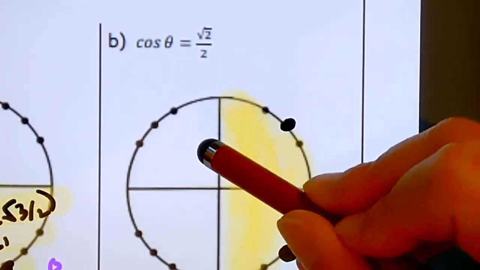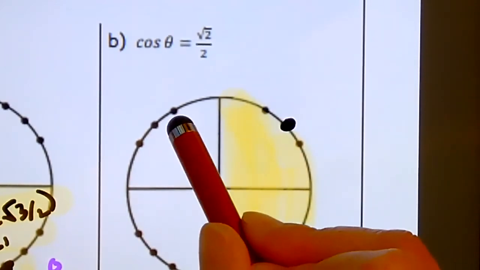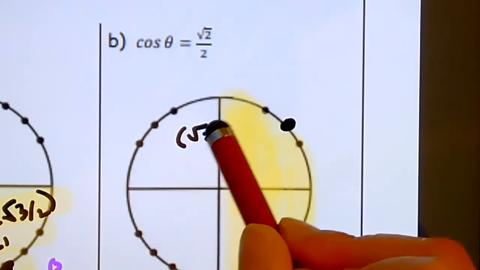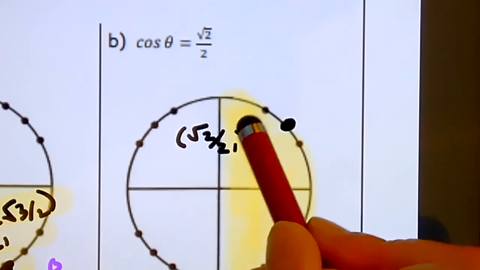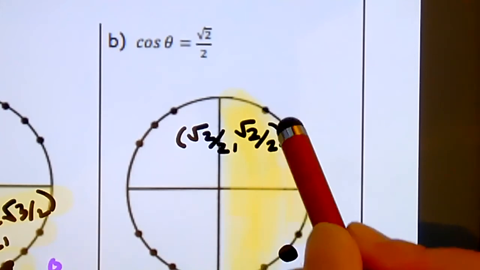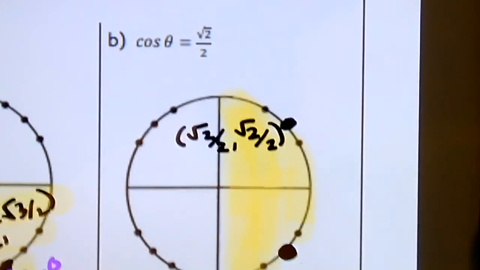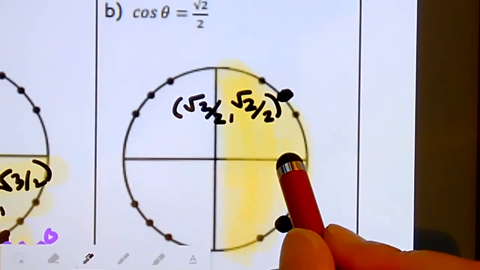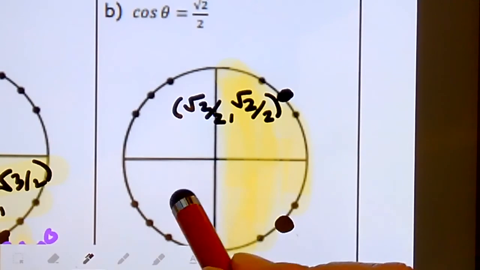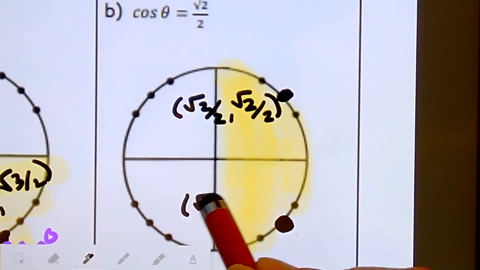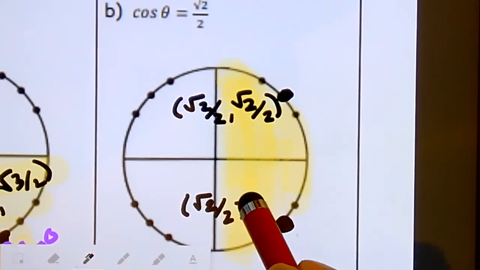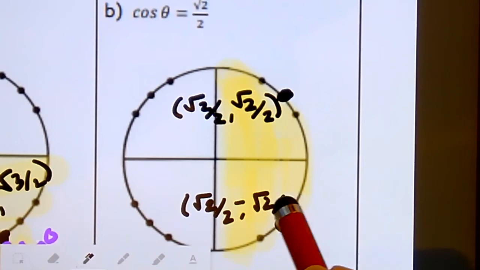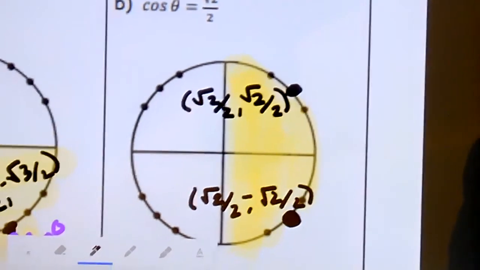This point right here, I'll write it this direction, is √2/2, comma, √2/2. That's where the coordinates are. This one down here is positive √2/2, negative √2/2, okay?